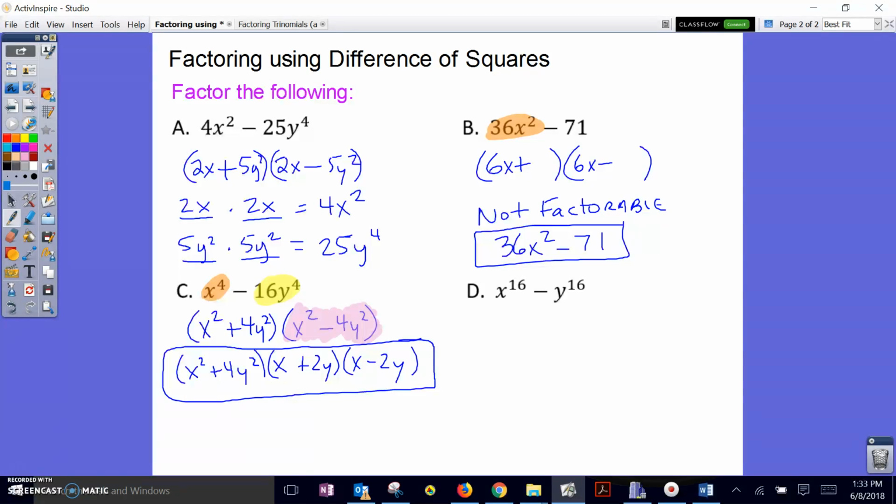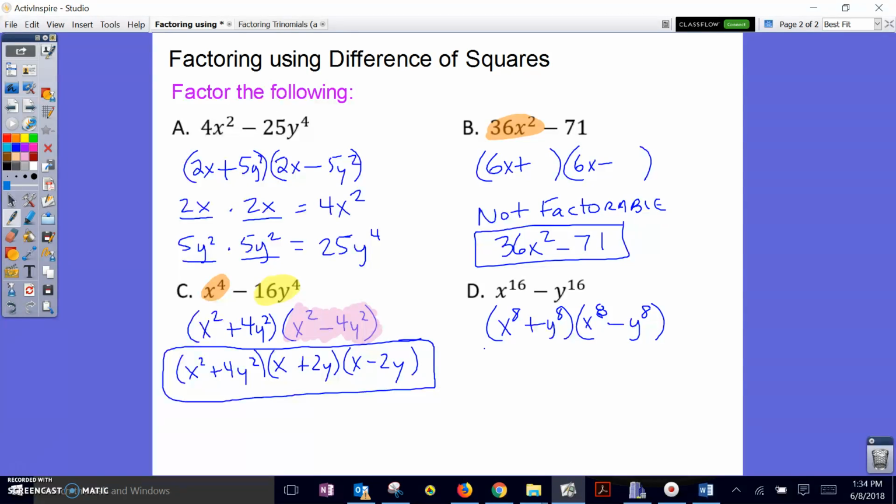One last problem here in this video. x to the 16th minus y to the 16th. We're going to factor again. We're going to use the difference of squares since it's a binomial separated by subtraction. What times itself gives us x to the 16th? The answer to that is x to the 8th. And similarly, y to the 8th times itself gives us y to the 16th.